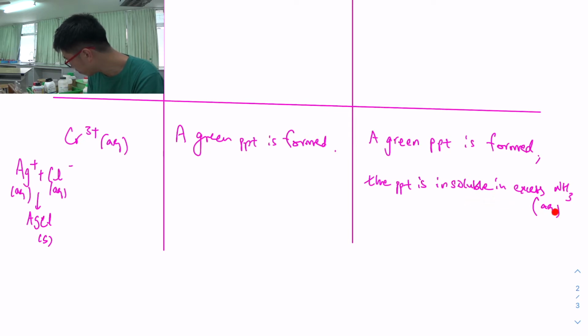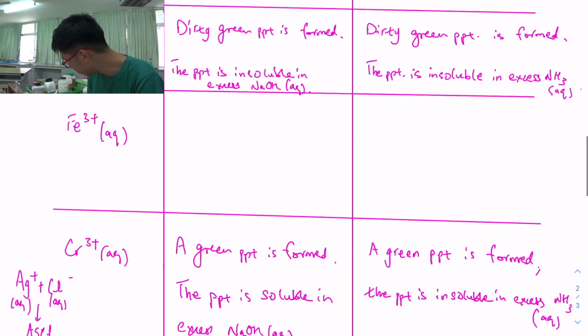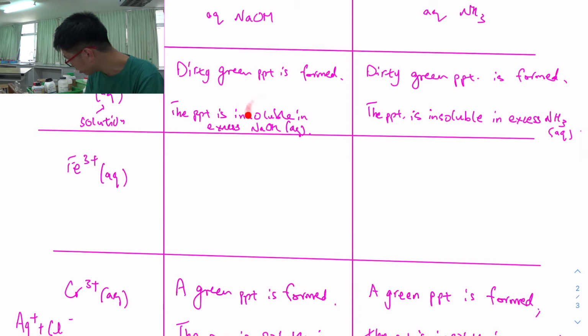The precipitate remains insoluble in excess NH3 and also excess NaOH. But what is different with Cr3+ is that in NH3 the precipitate was insoluble in excess NH3, but the chromium 3 hydroxide precipitate is soluble in excess aqueous NaOH.